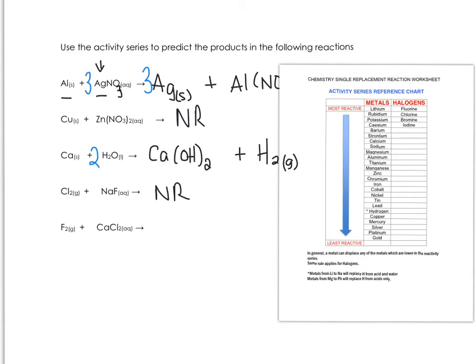Fluorine plus calcium chloride. Fluorine is higher than chlorine, so there will be a reaction. Fluorine will bump chlorine out, and we will make calcium fluoride and chlorine gas.